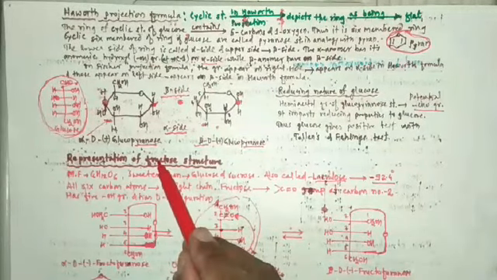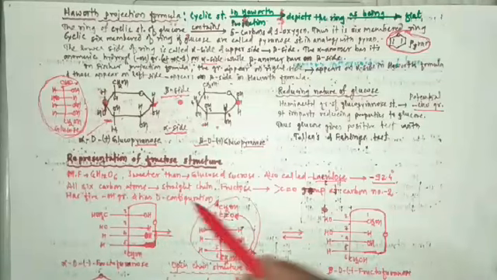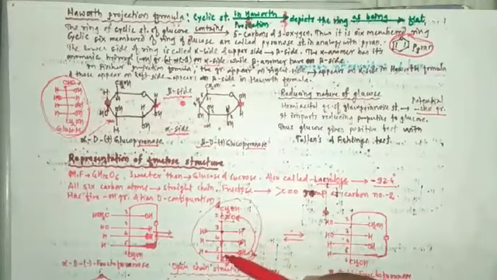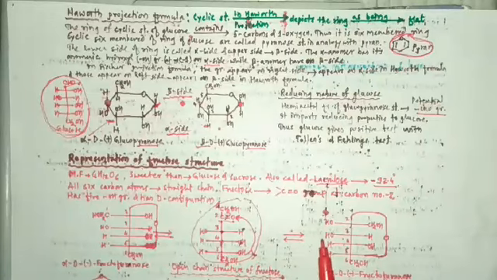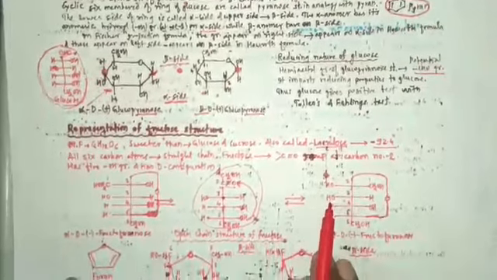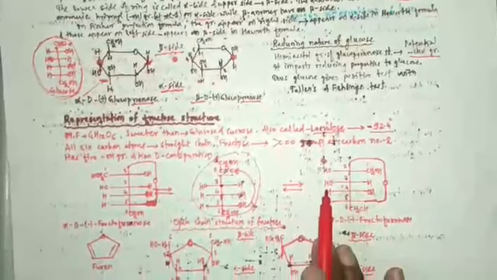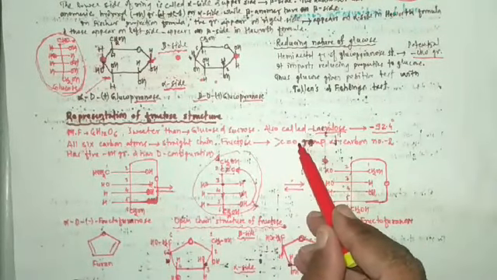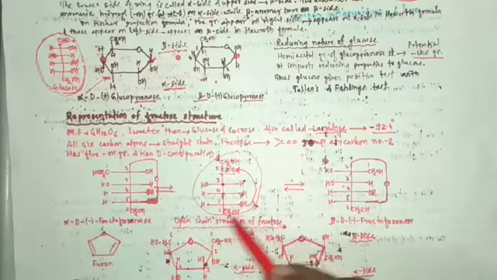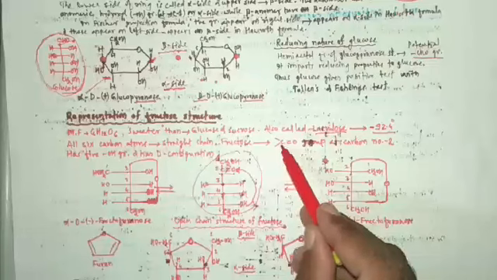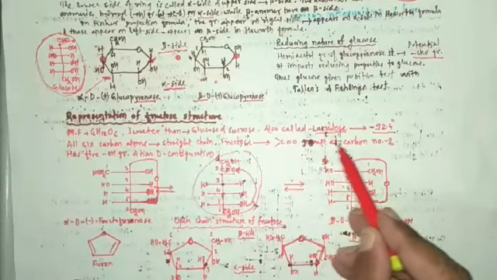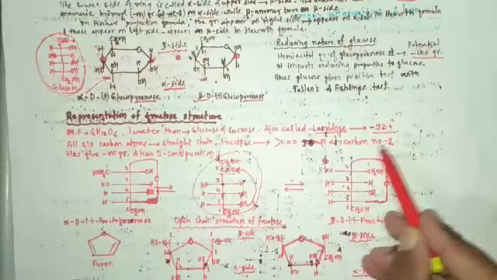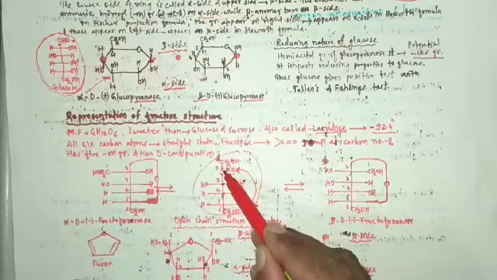So in fructose, all 6 carbon atoms form a straight chain. Fructose contains a functional group, the C double bond O, that is the ketonic group. This ketonic group is present at the second carbon atom.